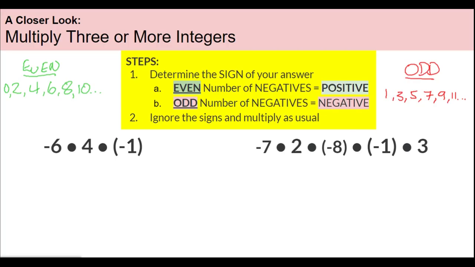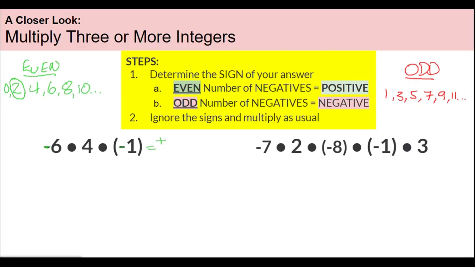So let's look at both of these. Let's look at that first one. Negative 6 times negative 4 times negative 1. Is your answer going to be positive or negative? How many negatives do you have? I have two negatives, one here and one there. Two is an even number, so my answer is going to be positive.